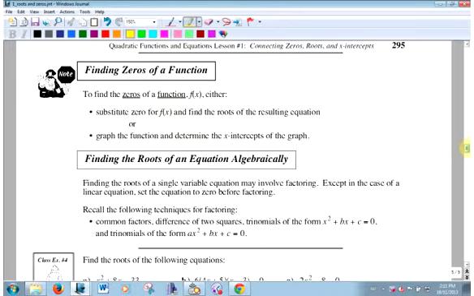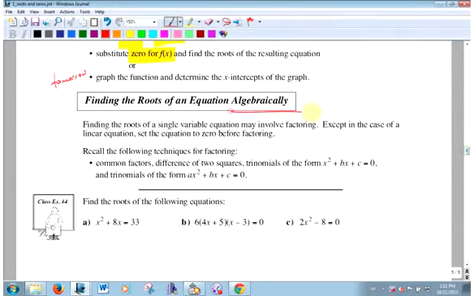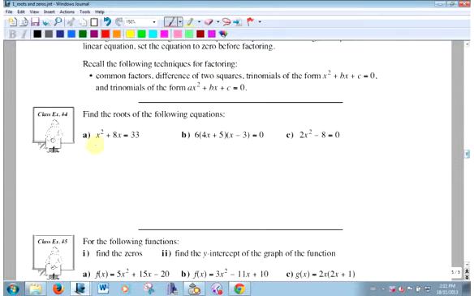A couple of examples. To find the zeros of a function, same thing: 0 for f of x. This is tomorrow, right? Graphing calculator, we can also use that. Technology. All right. So algebraically, we don't have a picture of this thing.